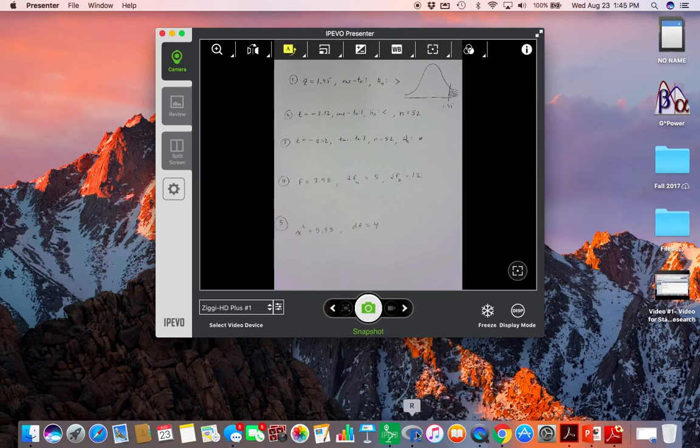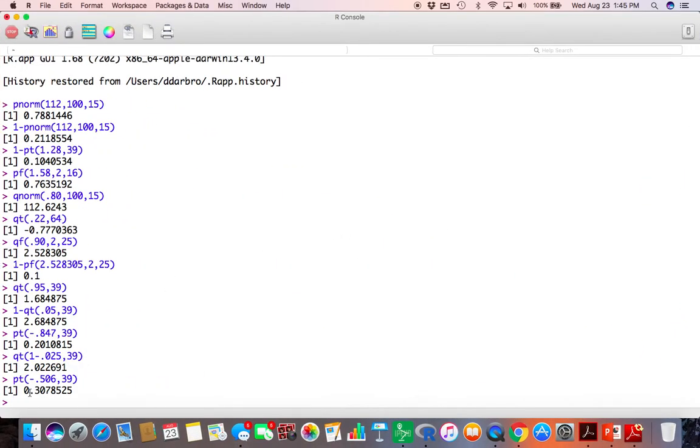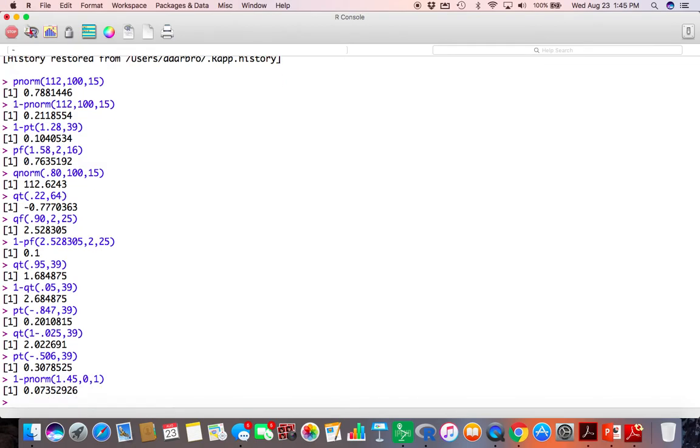So I need the area in the right, and I'm going to go 1 minus pnorm of 1.45, mean is 0, standard deviation 1. It's already been standardized. So the p-value there would be 0.074.